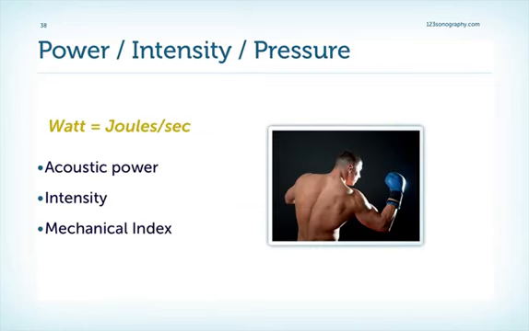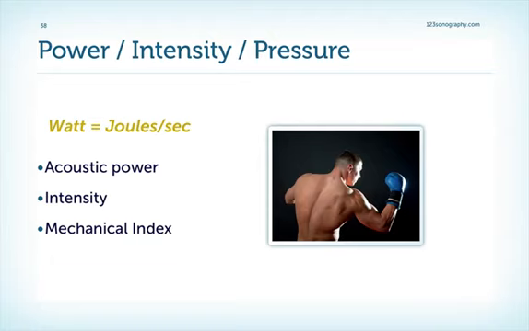The ultrasound wave has an effect on the tissue. We talked earlier that we are causing compression and decompression, and therefore the ultrasound wave must also be described with respect to its acoustic power, its intensity, and the mechanical index. Now, what are these things? The acoustic power is the amount of energy which is produced per unit time.